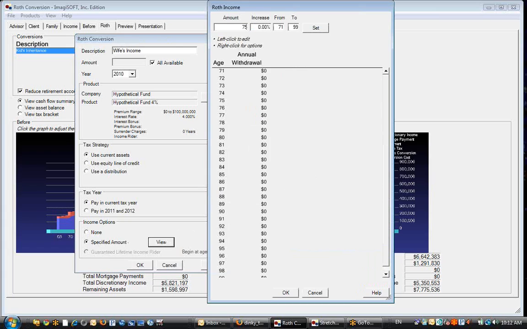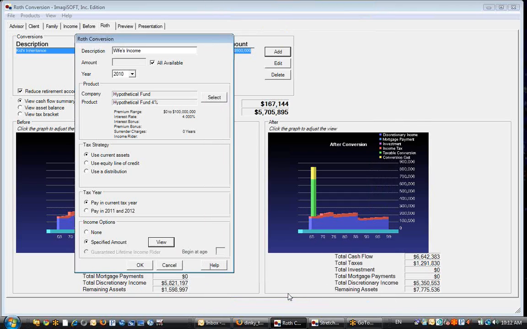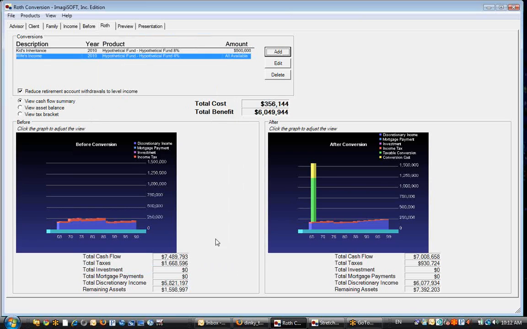But then I'm going to come down here to income options, and I'm going to put in $75,000 per year, increasing by 3% from age 86, when the husband dies, through the end, age 99. So you can see how that increases every year. And then you did that with the specified amount. Of course, we already talked about paying it in the current tax year, so let's say OK on that.